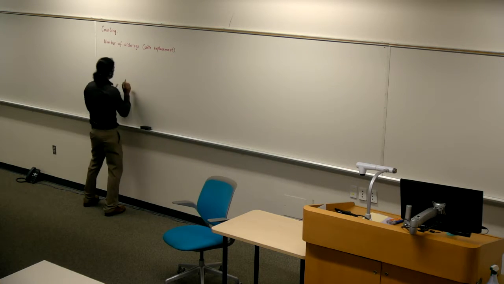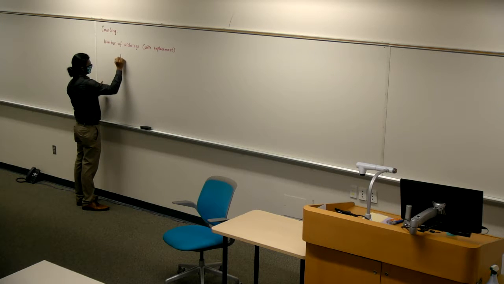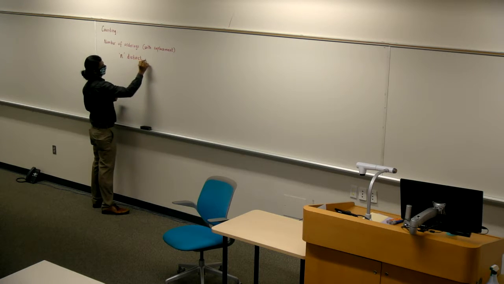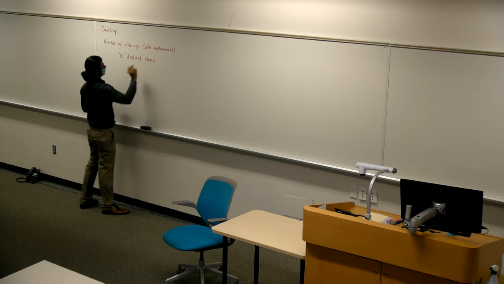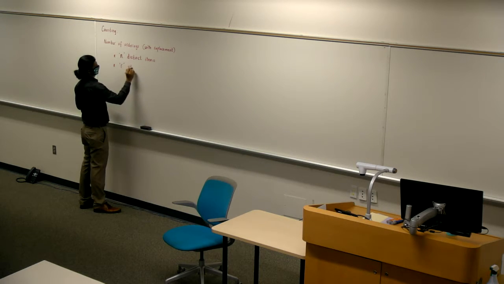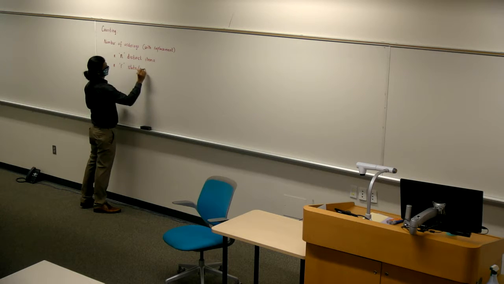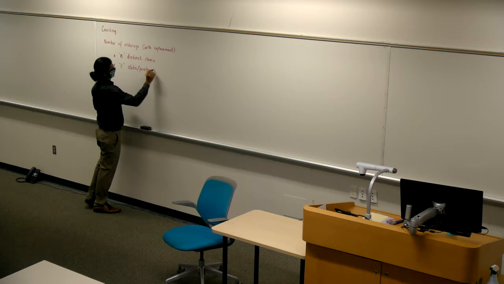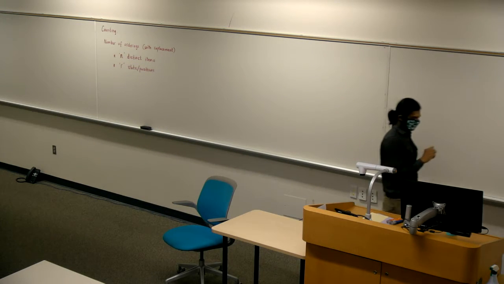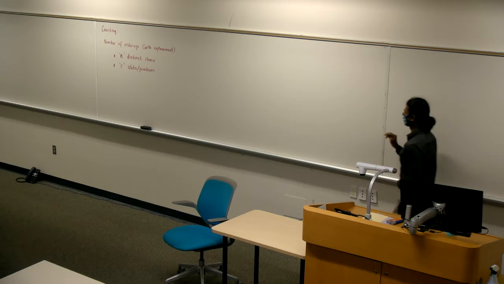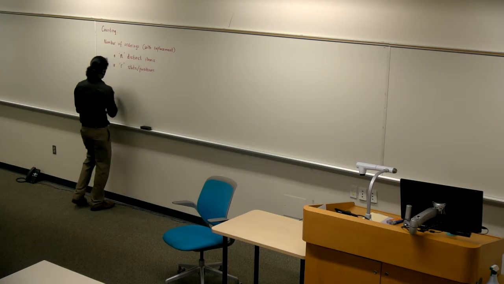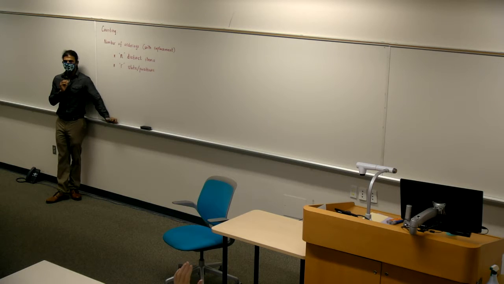So let's just say that there are n distinct items, and we can call r slots or positions, and we'd like to know the number of distinct orderings that are possible if I have to do something with replacement. Can someone tell me how many are possible?